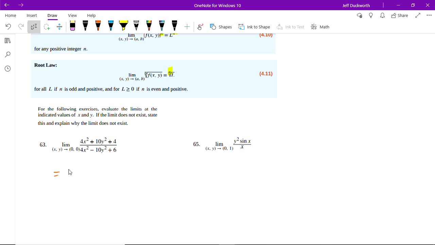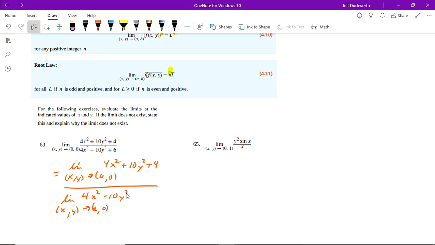So this equals the limit as x, y approaches 0, 0 of our numerator, all over the same limit here for the denominator. And then we can break these down further because now we have sums and differences here.